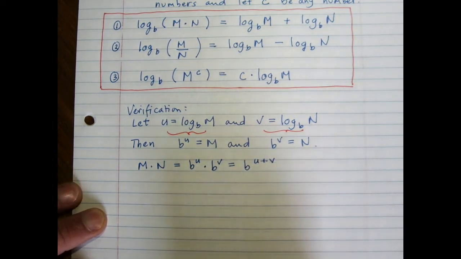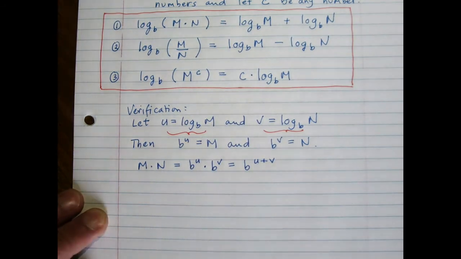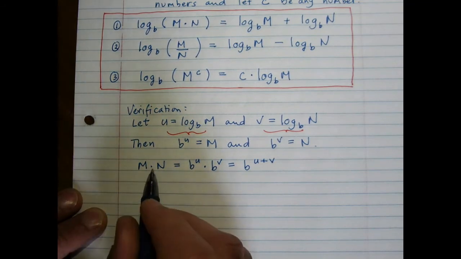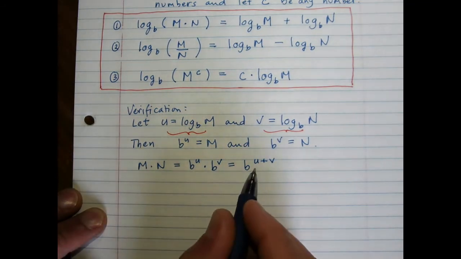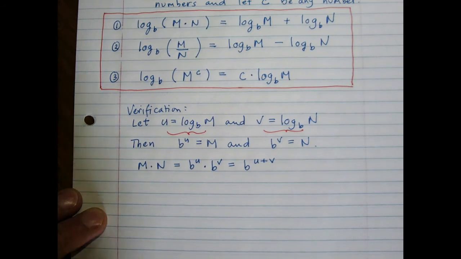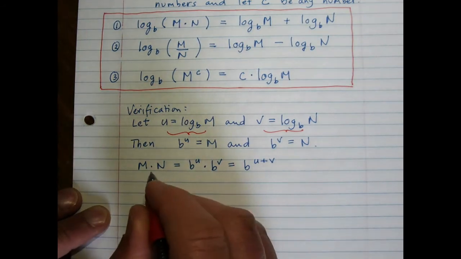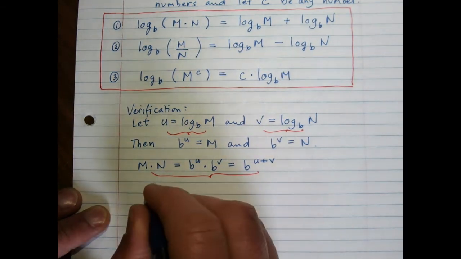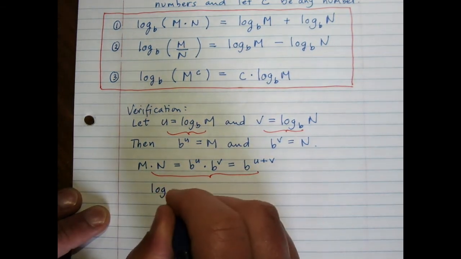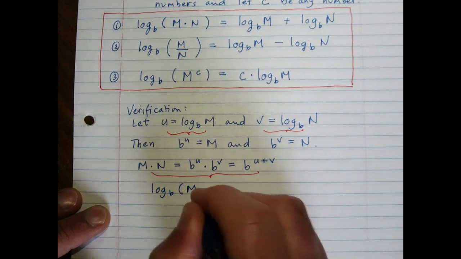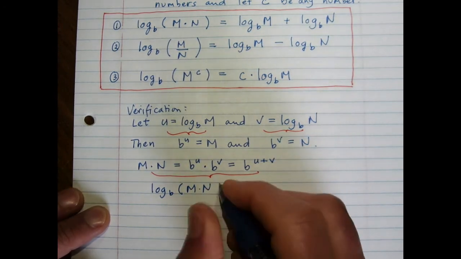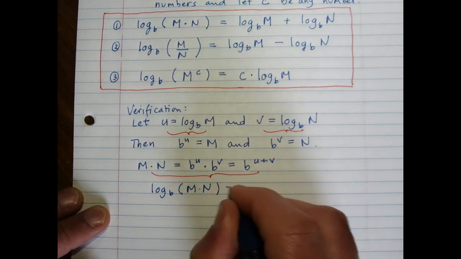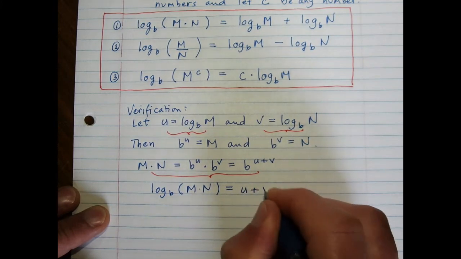We know we add exponents in that situation. But if m times n is equal to b to the u plus v, we can say log base b of m times n is equal to u plus v. Right?